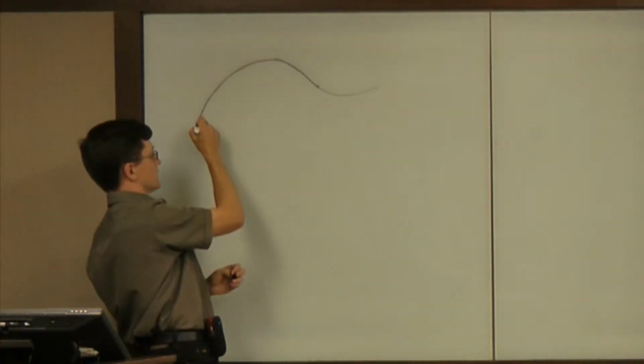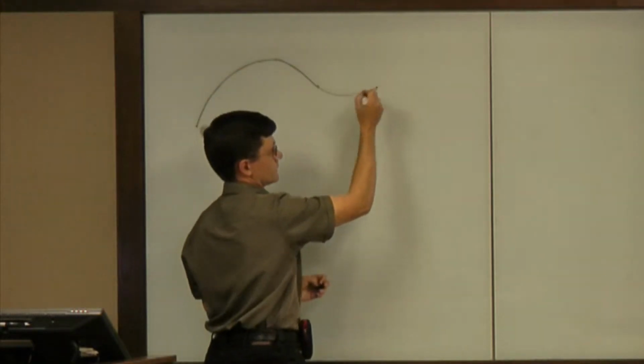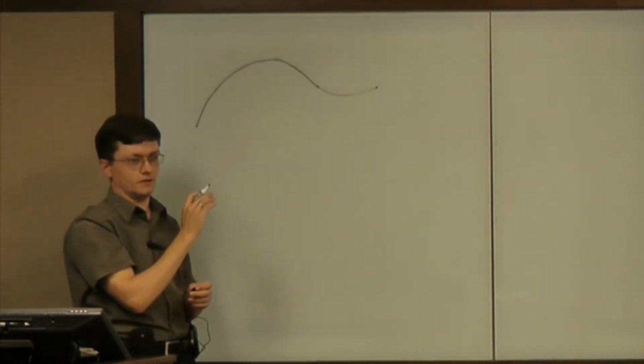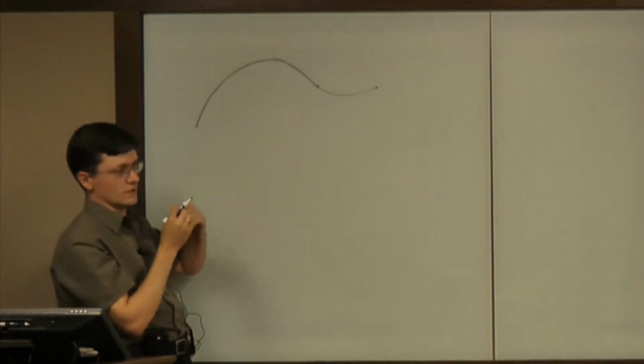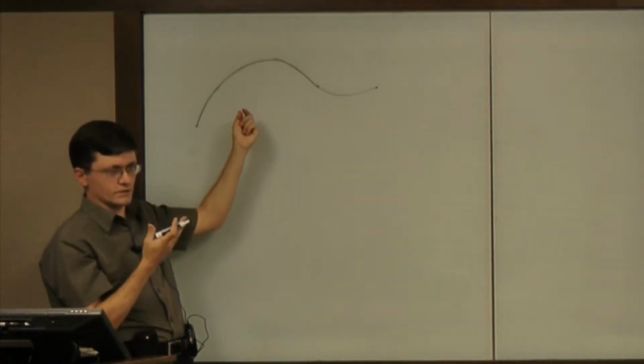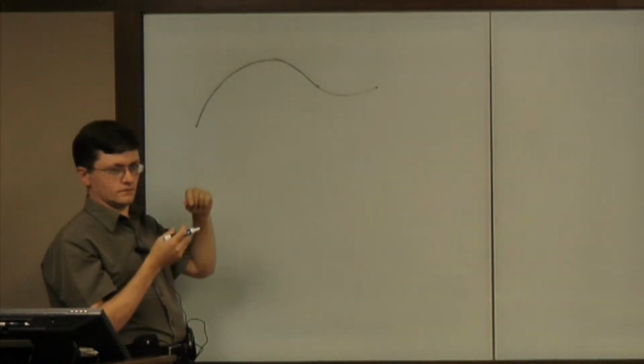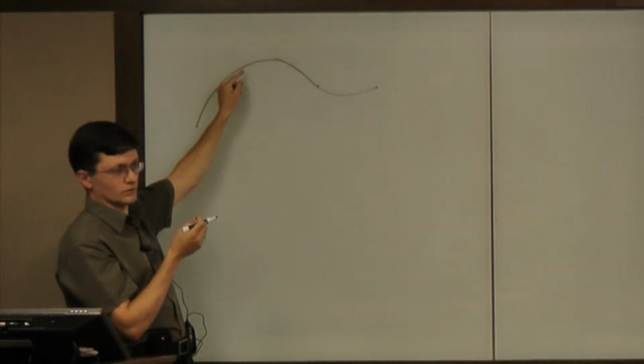Right? So I begin at some time, I draw, and I end at some time, and that association is what we consider a curve. Given time, a point.